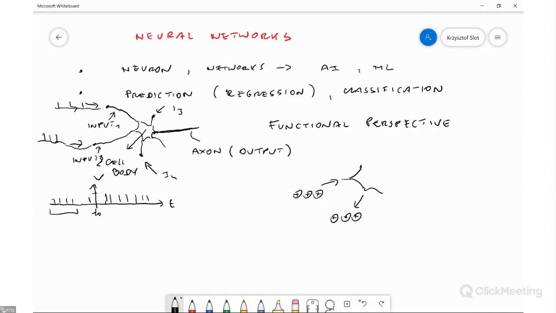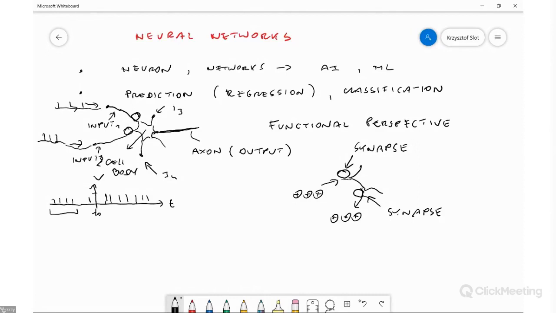And these processes of inserting or draining depend on one of the most interesting components of a neuron, which are synapses. So at every input, we have something that is called a synapse. Here is a synapse, and here is a synapse. And this is a structure that is performing, in quite a complex way, a kind of transformation.